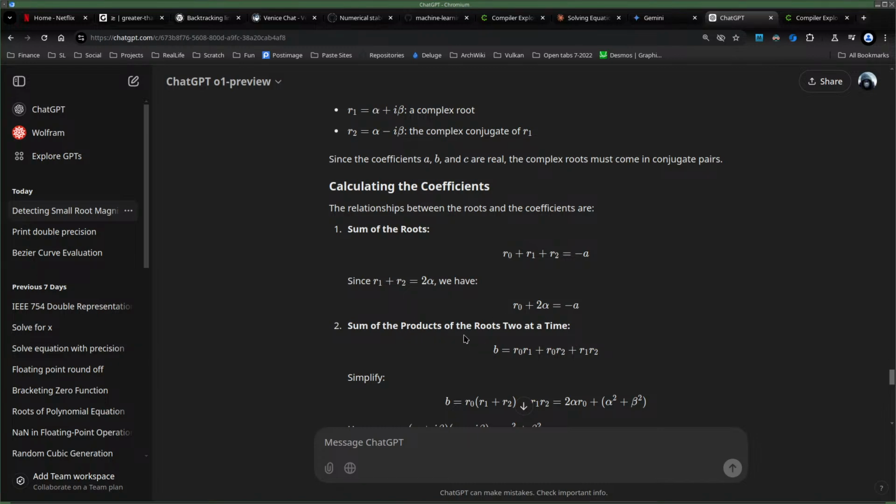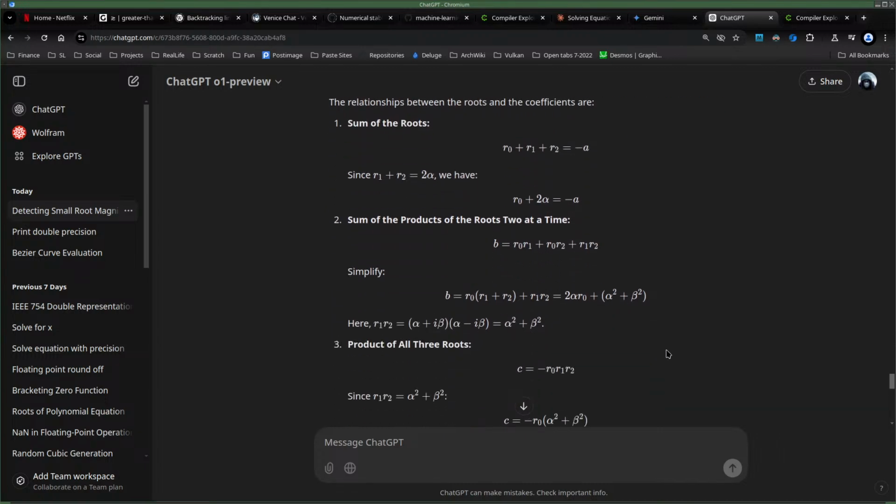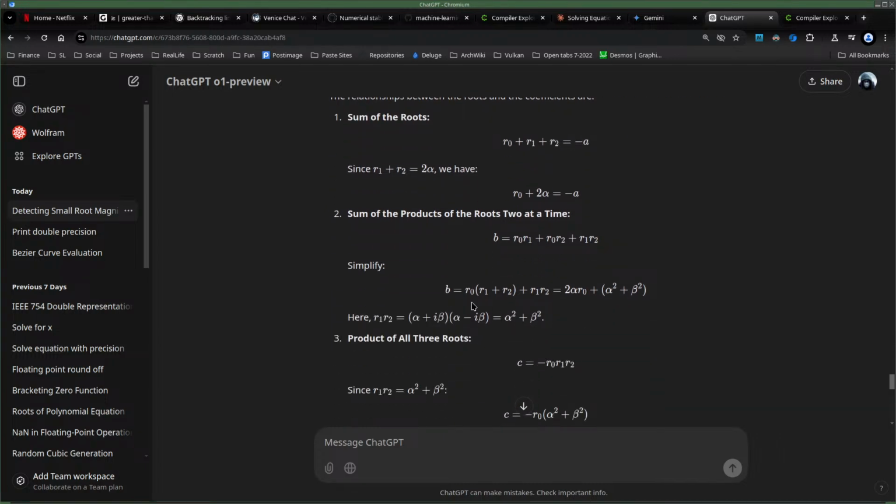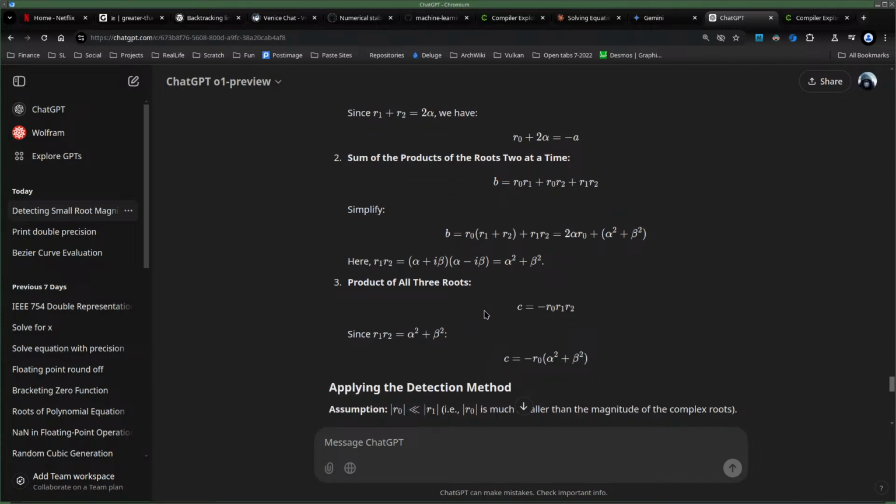The sum of the products of the roots two at a time, that would be B. B is R0 times that, and then the product of all three roots.